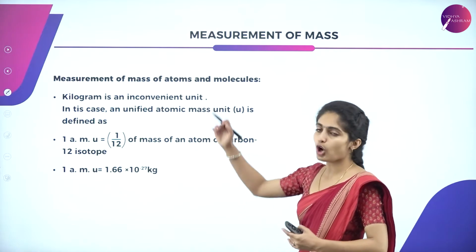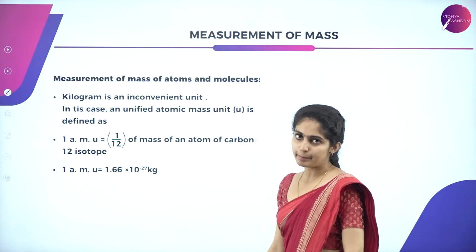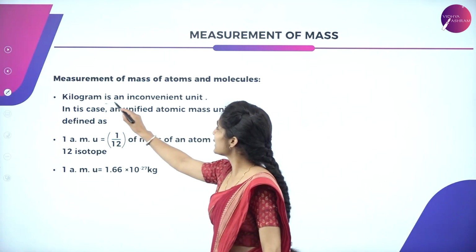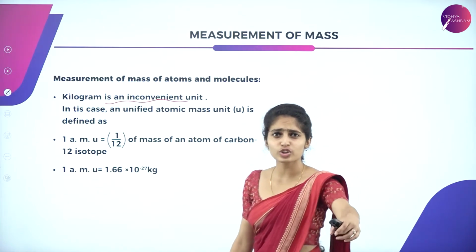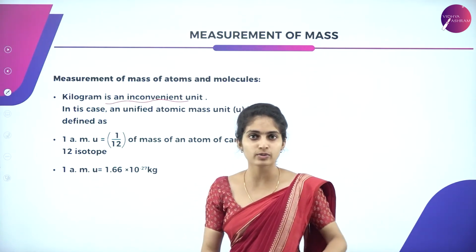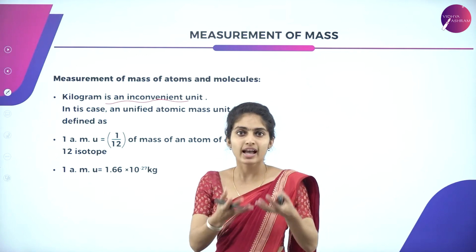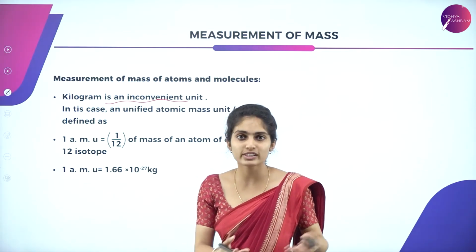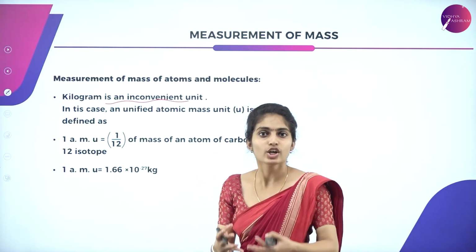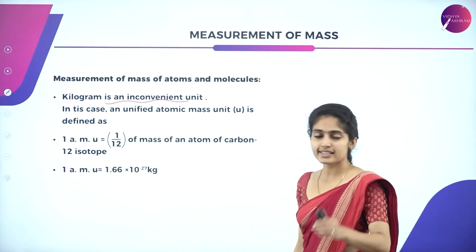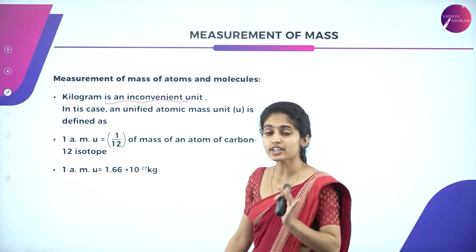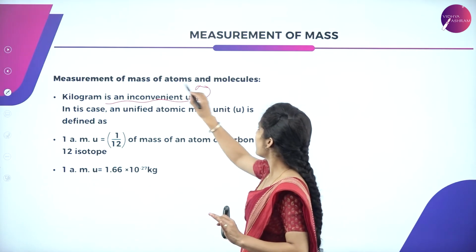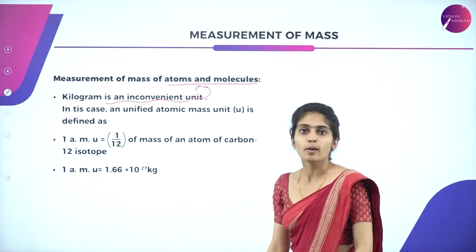That is the atomic mass unit method. The kilogram is an inconvenient unit to measure atoms or molecules. Can you say this atom has so many kgs? No. This molecule has so many kgs? No. So the kilogram is an inconvenient unit to measure the mass of atoms and molecules.